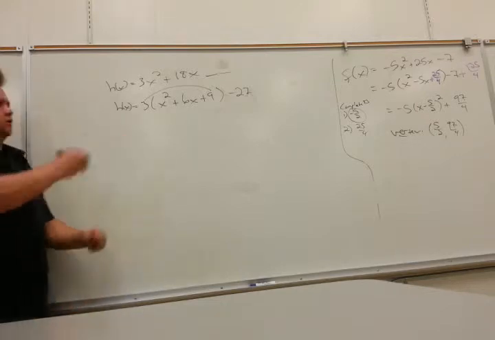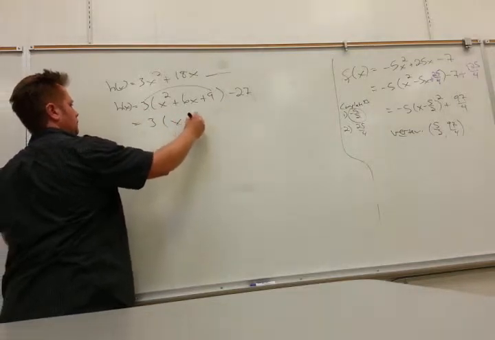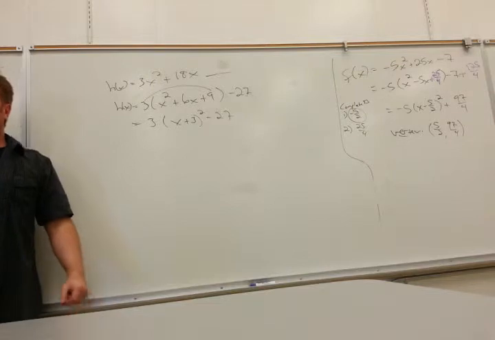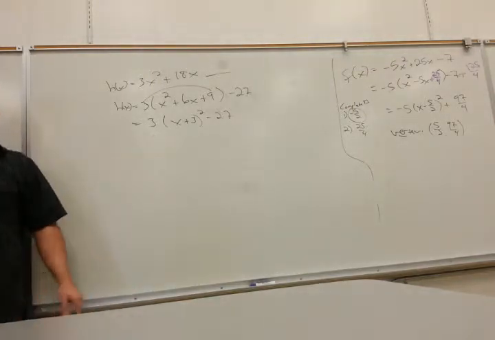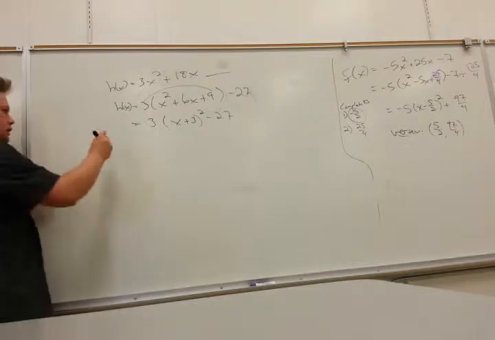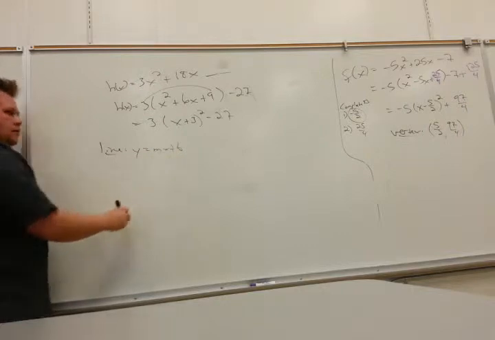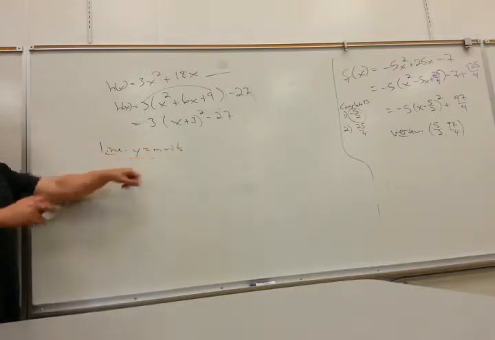Okay, is that cool? So of course this would become, and the vertex is -3, -27. Cool. All right, so now let's go through what we know. We know a line is mx plus b, and y minus y1 and so on. Let's just stick with this.